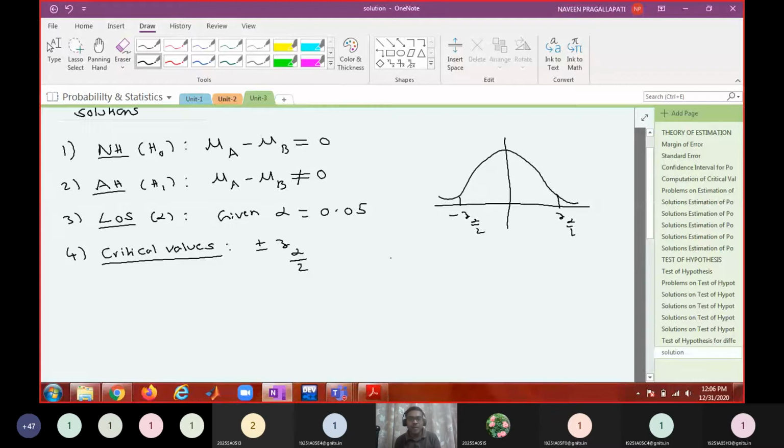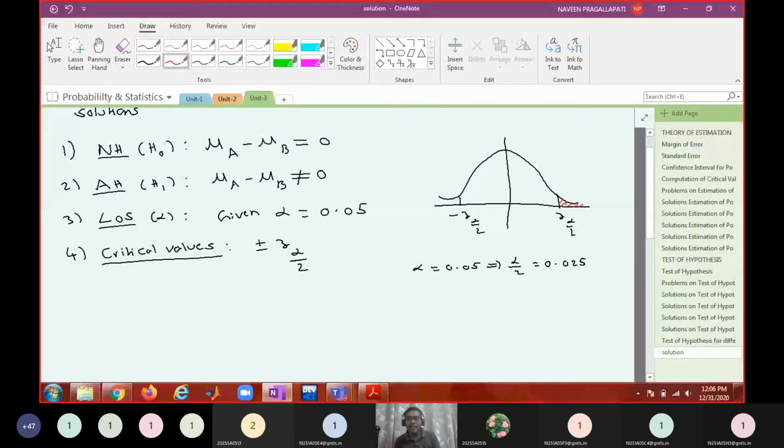So make alpha into two parts. Alpha equal to 0.05 means alpha by 2 is 0.025, and this right half portion would be 0.5, the left half portion would be 0.5, because total area is 1. Because it is symmetric about this middle line, 0.5, 0.5. In the 0.5, this alpha by 2 refers to the right tail area.